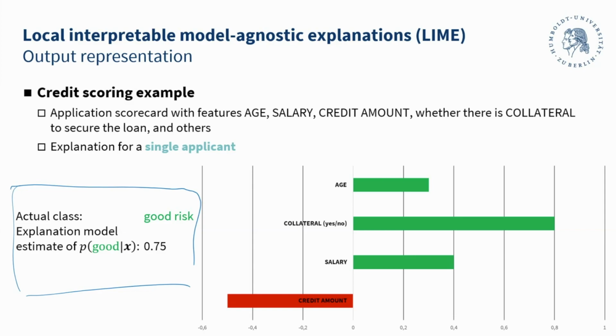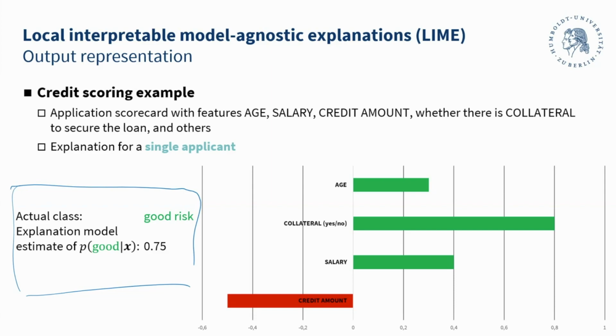The way to read this is that age has contributed to the forecast of 75% of her being a good risk. And so has the fact that she apparently has some collateral to secure her credit, whereby the fact that she had collateral was roughly twice as important as her age.